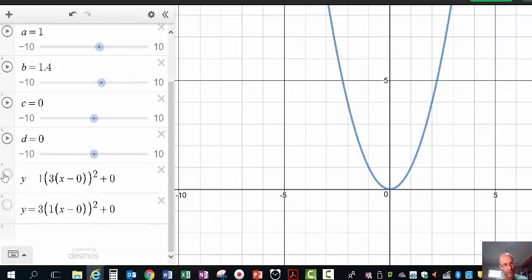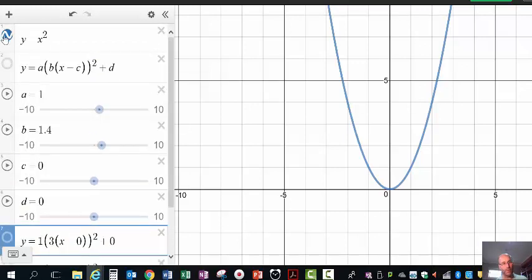You can see what I've got here, this one and this one. In one of them I've got A equal to 3, and in the other I've got B equal to 3. So when B is 3, A is 1, and when A is 3, B is 1, just to see what their effect is. They aren't the same, so I'm going to get rid of our base parabola as well.